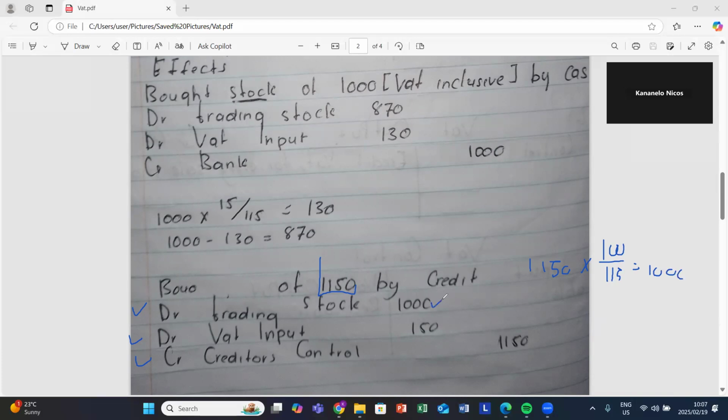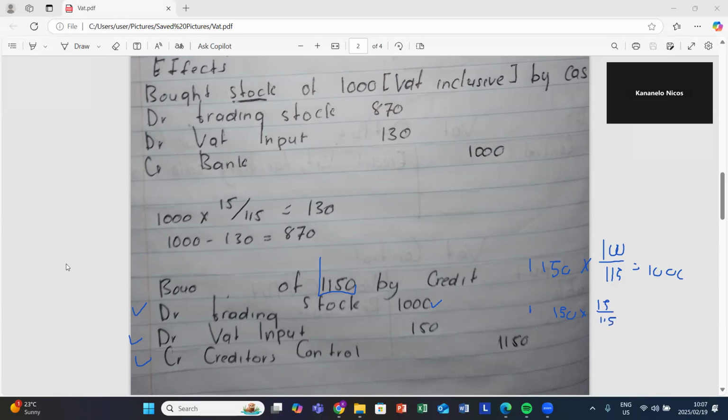Meaning when you do your trading stock ledger accounts, you are supposed to debit 1,000 rand. And then also when you calculate your VAT, 1,150 multiplied by what I want over what I have, meaning multiply by 15 divided by 115, in which we'll get 150, and then we'll debit it.